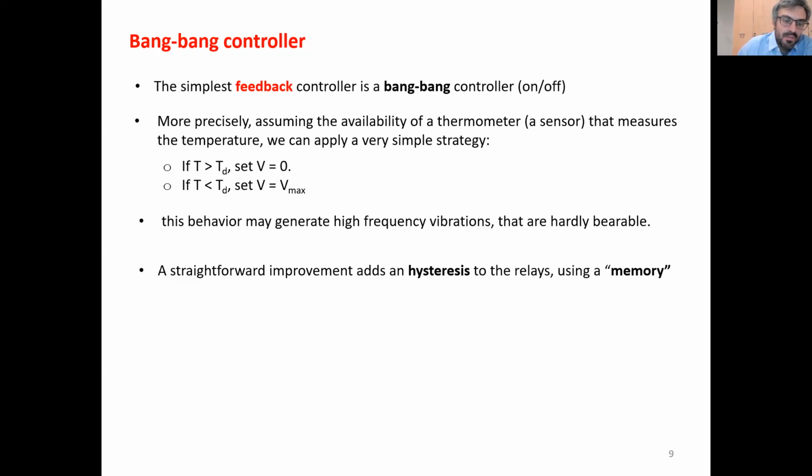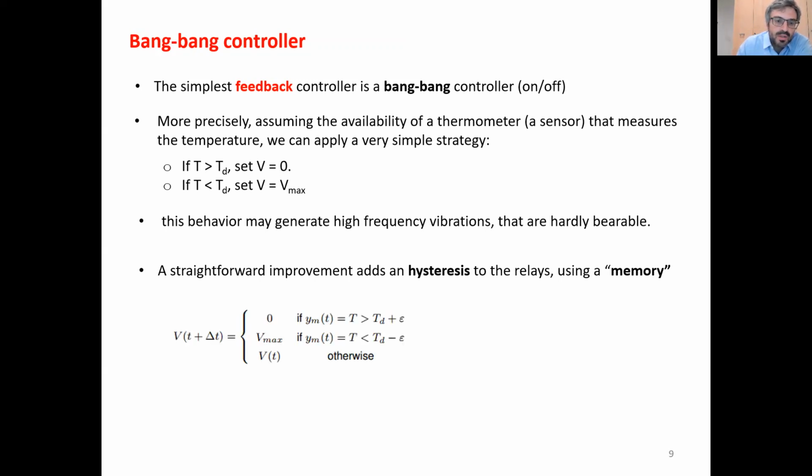An improvement of this controller is to add a hysteresis. Remember the issue that we had in the measurements: one of the possible issues was hysteresis. In this case, we exploit that concept for our good, as a solution for the oscillations.